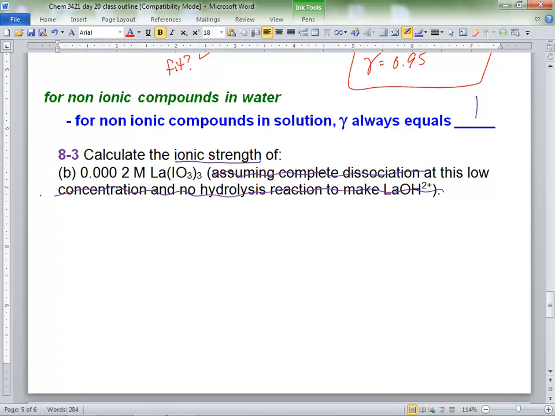So remember what the equation was for ionic strength.